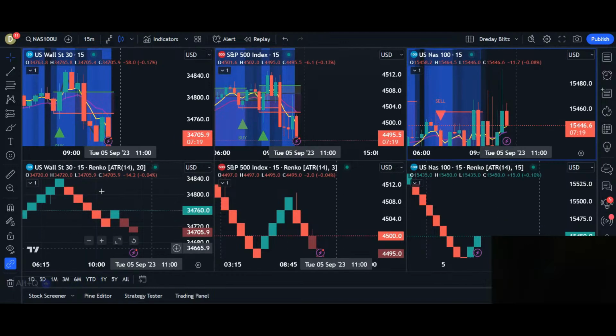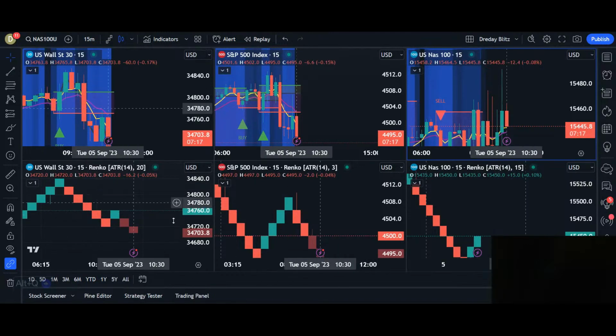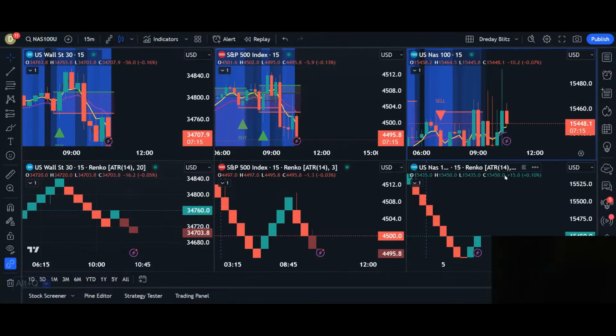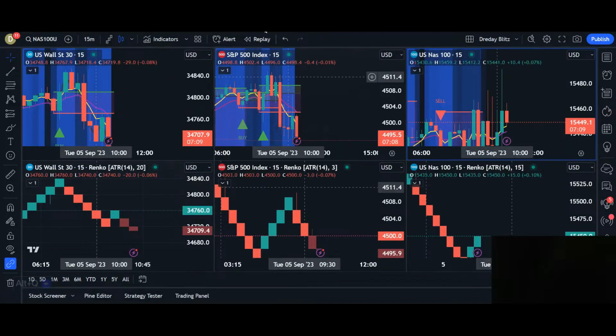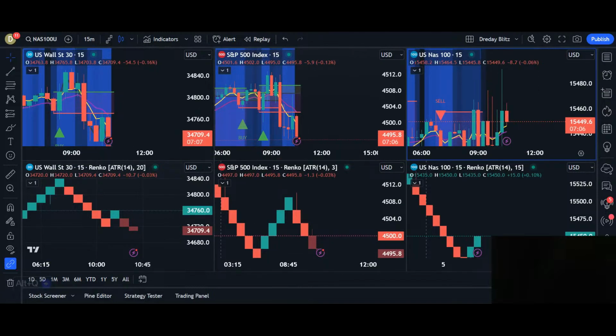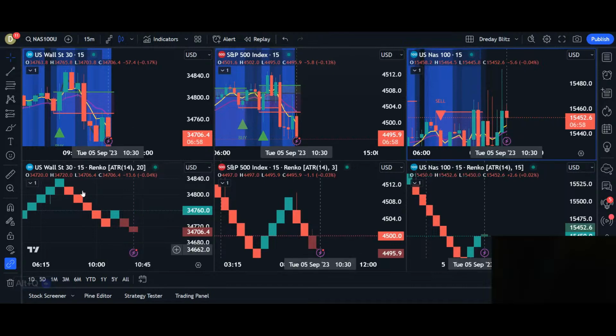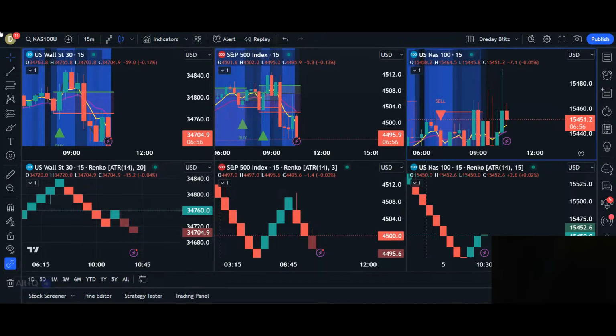If I'm looking only at the Renkos, that is the way that I would analyze and get in and get out of the trade. So we'll wait until 10:45 for the next candle, and that will be it for this session.